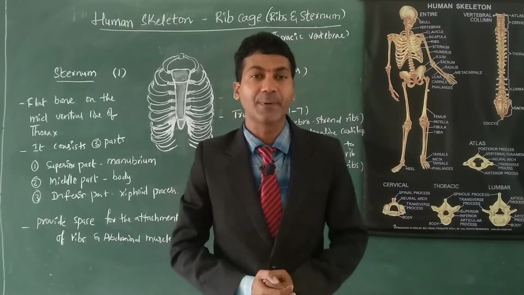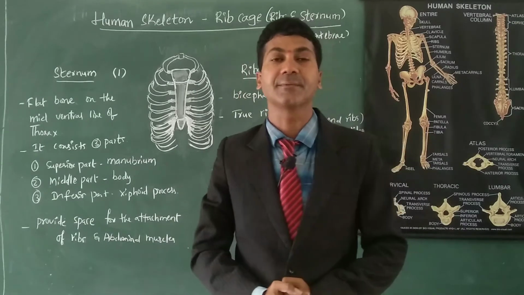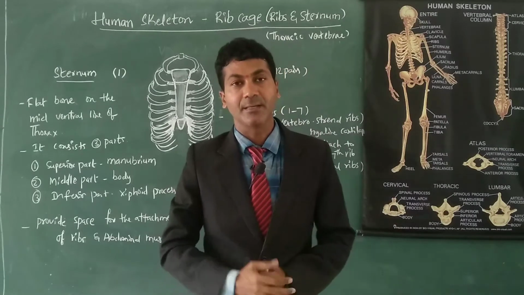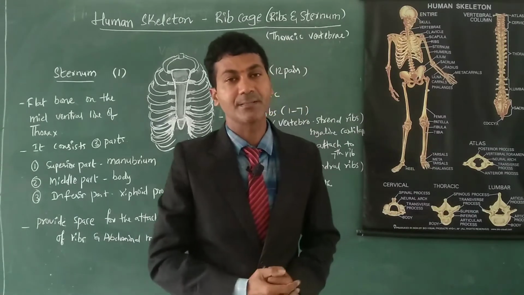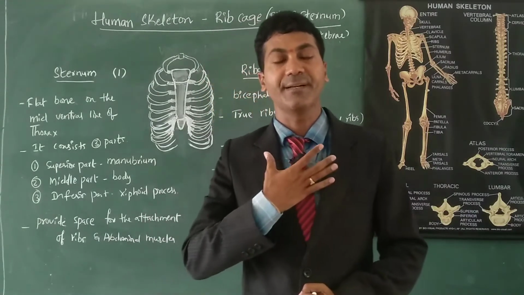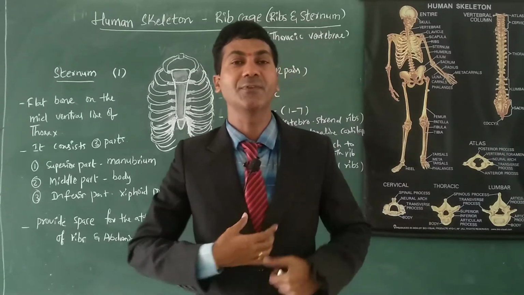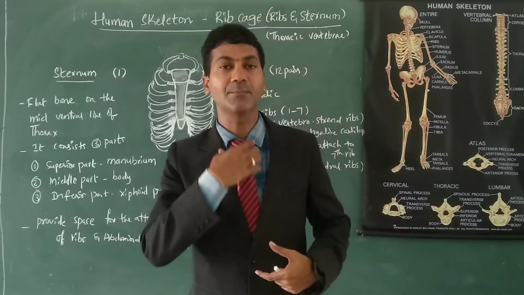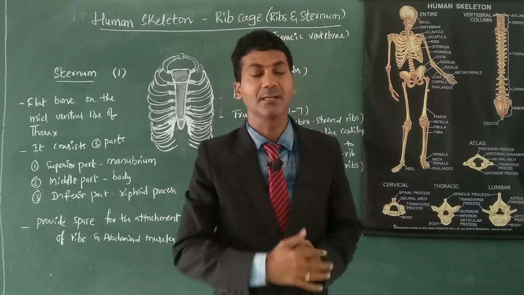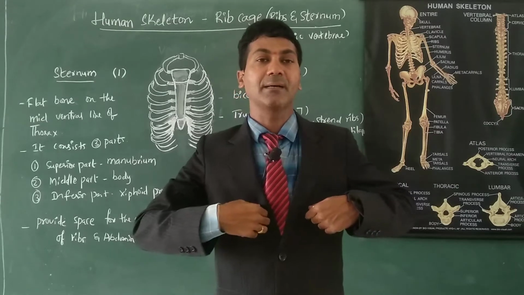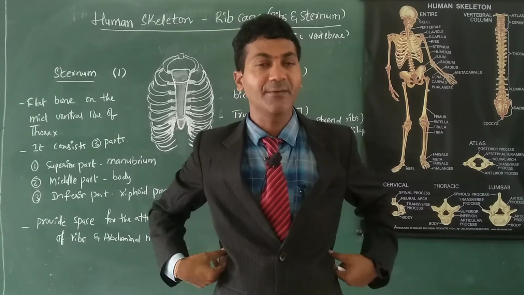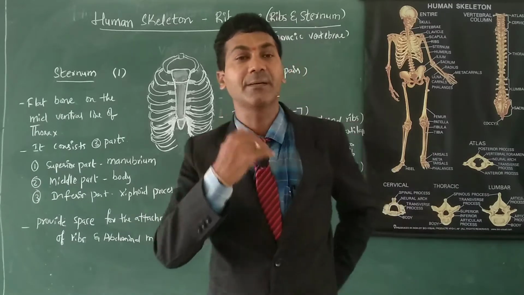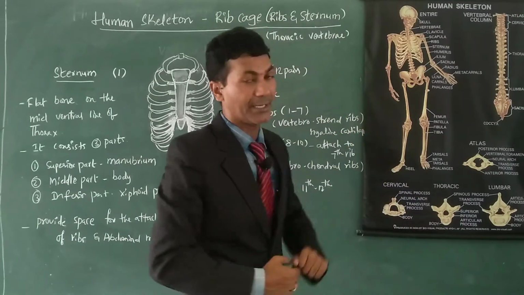Today I am going to explain the part of the skeletal system which is the rib cage. My dear students, a rib cage is made up of three parts. The front, the ventral side, is the flat bone called the sternum. The middle thorax has 12 pairs of ribs which are articulated in front with the sternum and at the back with the vertebral column, the thoracic vertebrae.